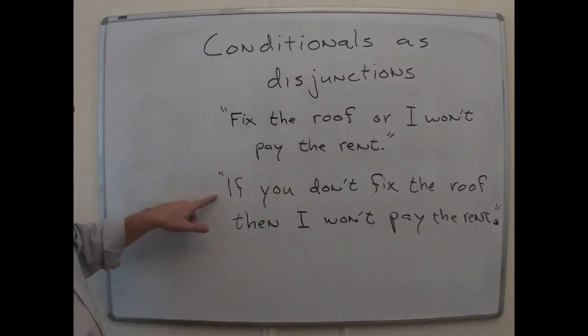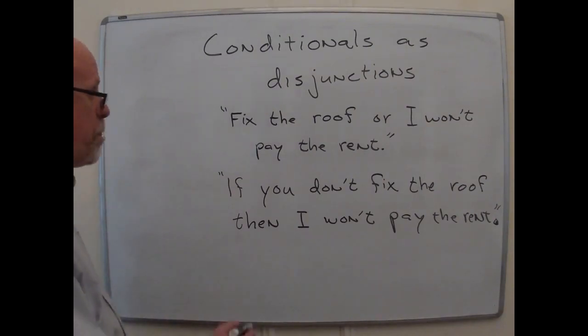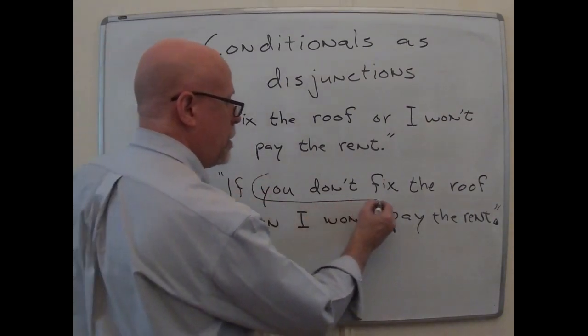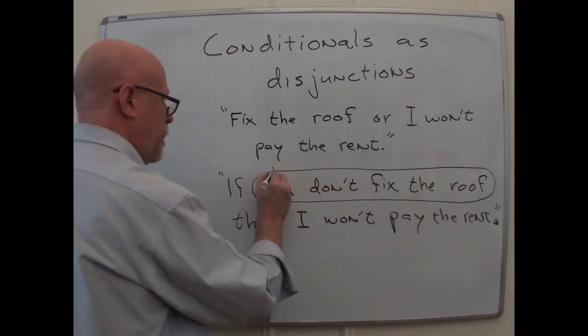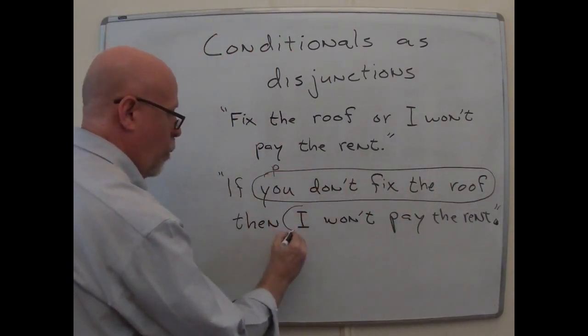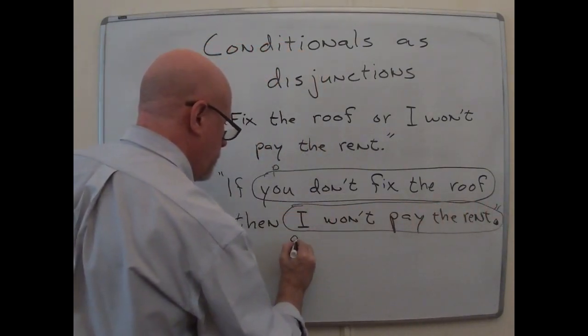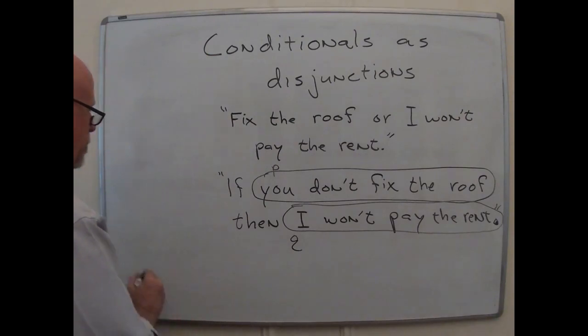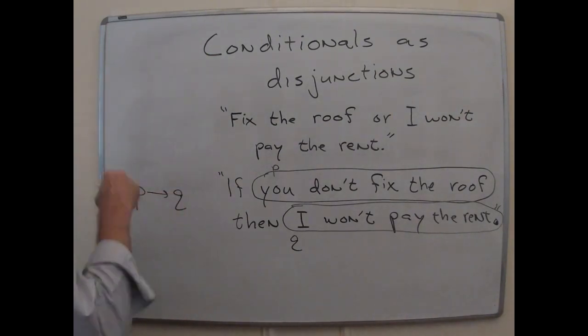But if we want this if-then to be P implies Q, what should P be? This whole phrase, you don't fix the roof, that's P. And then, I won't pay the rent, that part would be Q. So if I make those identifications, we've got P arrow Q. What's this other sentence in that sense?